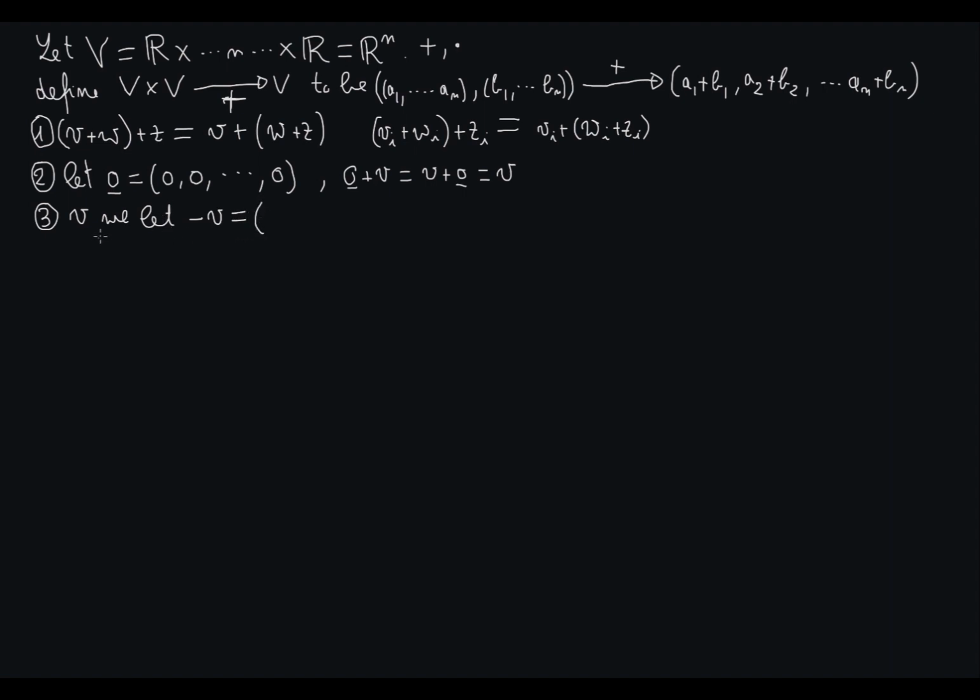We assume v to have coefficients v1, v2, up to vn. In this case the opposite of v will be negative v1, negative v2, and so on, negative vn.